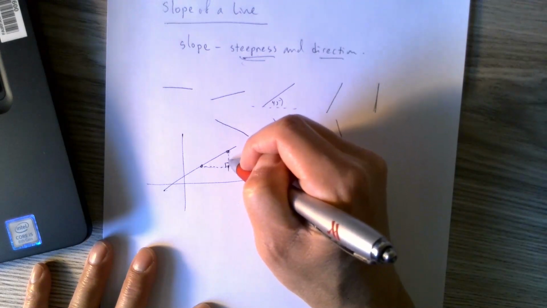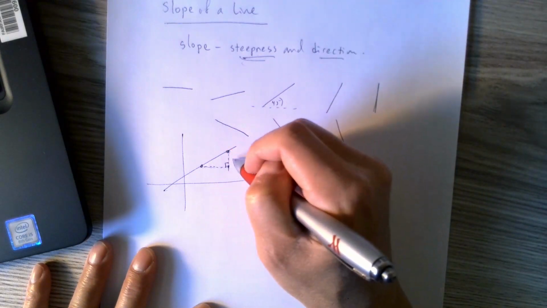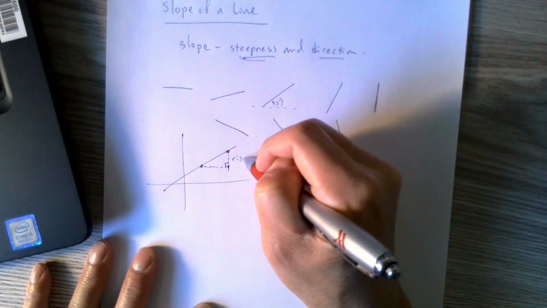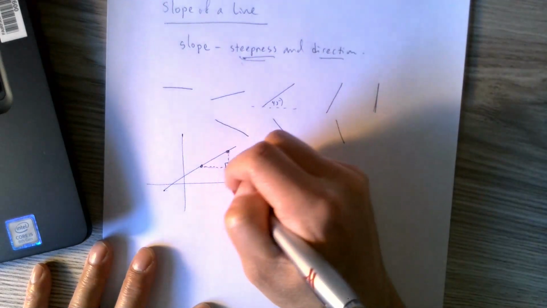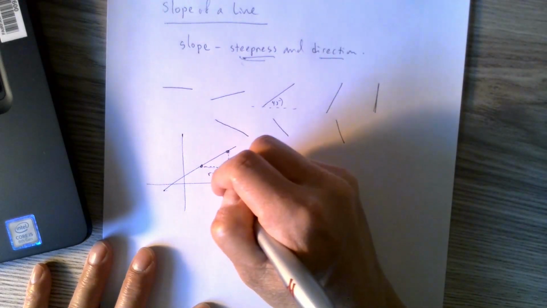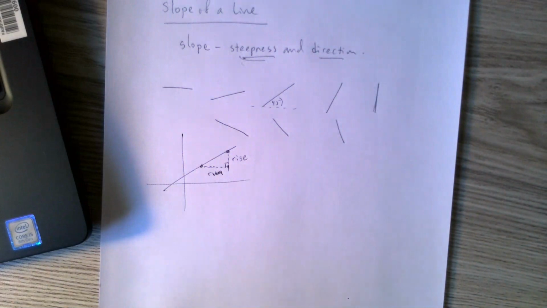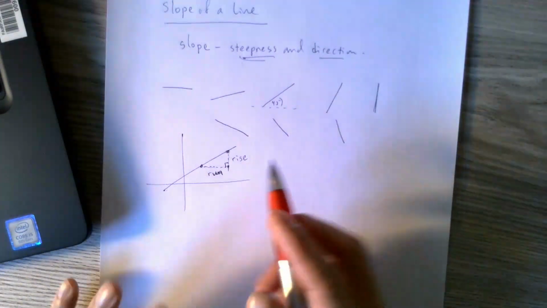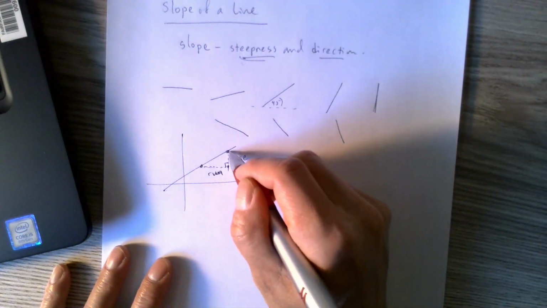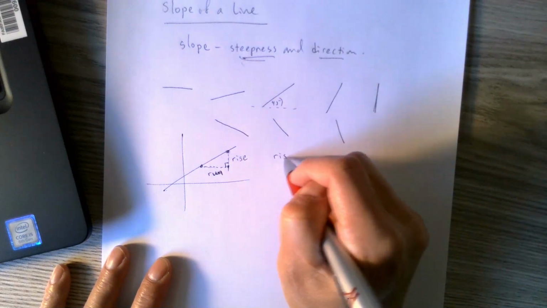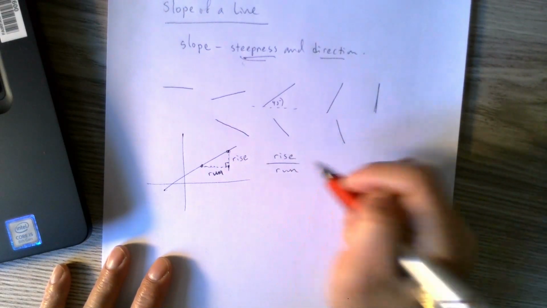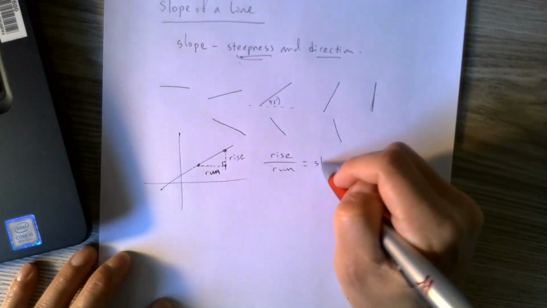And this vertical side of this right triangle has been dubbed the rise, and this horizontal side the run. And they decided, well, let's just make a ratio out of this. Let's take the length of this side, which is called the rise, and put it over the run. And let's call that slope.